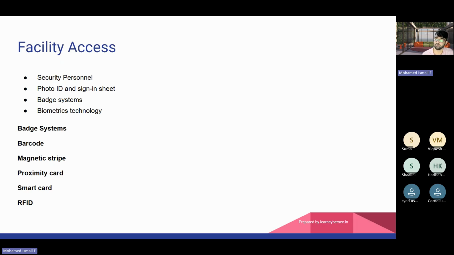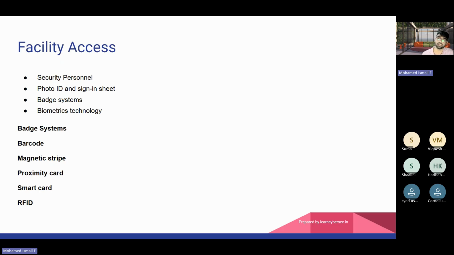For example, someone can copy the barcode, copy the magnetic strip, and a proximity card can also be copied using devices collecting the signals and transmitting similar signals, which can cause problems. But the smart card could be one of the safest technologies in door systems, because it has a chip and processor that cannot be duplicated. Then we have RFID technology.